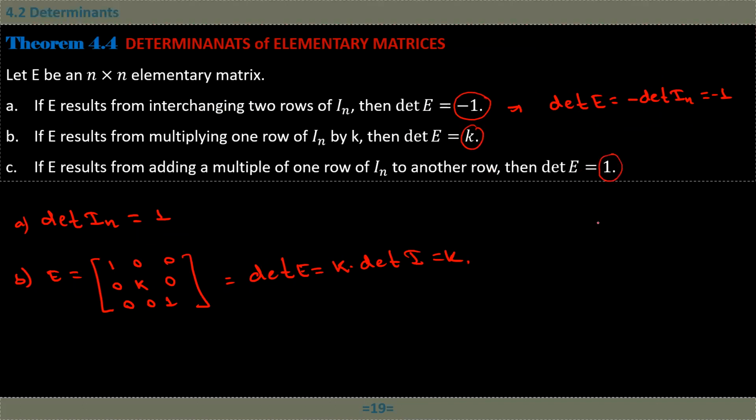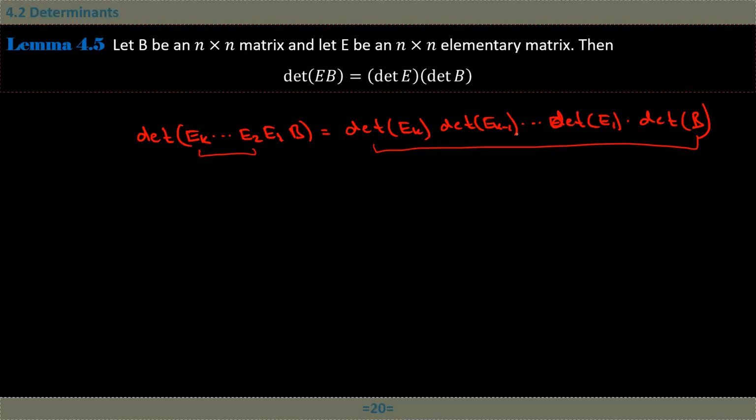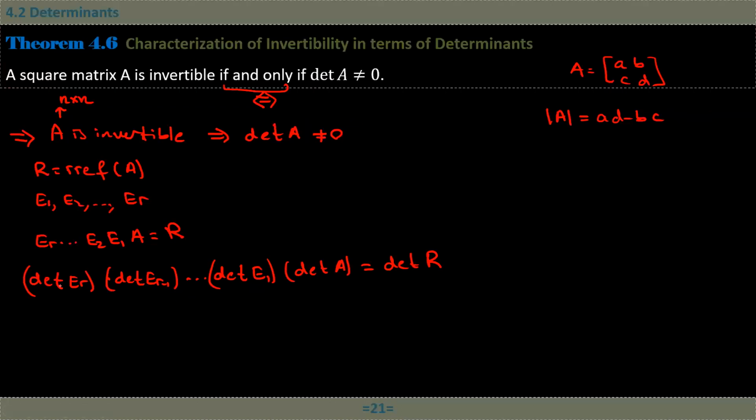It's never equal to 0. We have only three possible cases here. Either that's equal to -1 or k or 1. And we know that each of these is not equal to 0, and none of them is equal to 0.